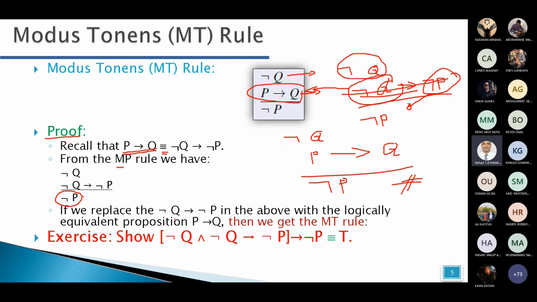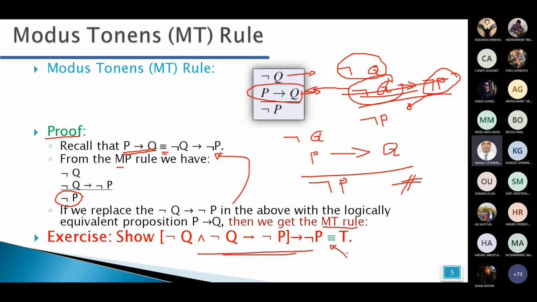So if we replace again not Q implies not P with the original value of it here, then we get that the MT rule is correct.